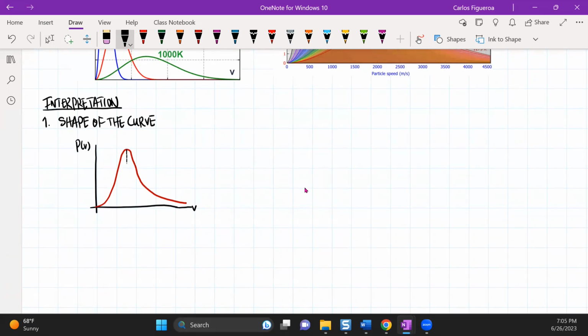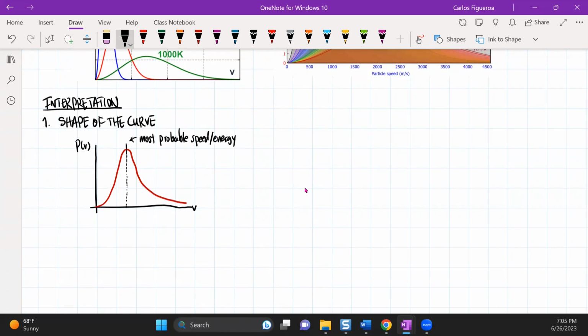The first thing is that the peak here represents the most probable speed. The problem is I can't separate speed from energy, so I've got to say both at the same time.